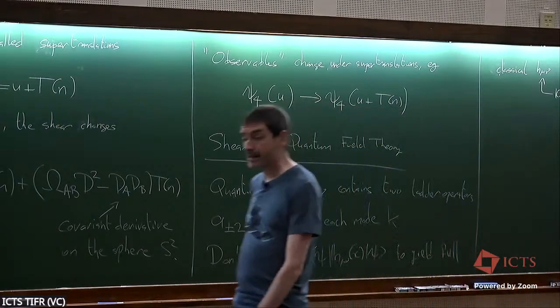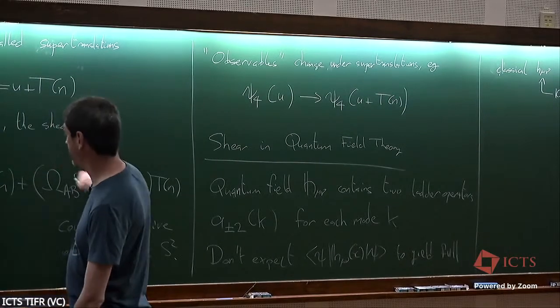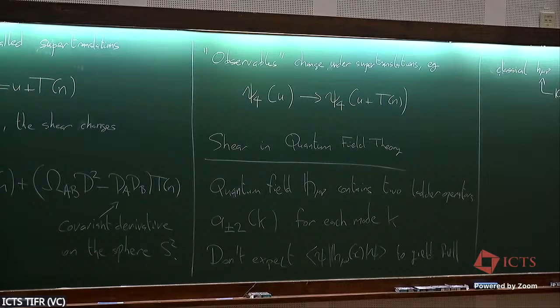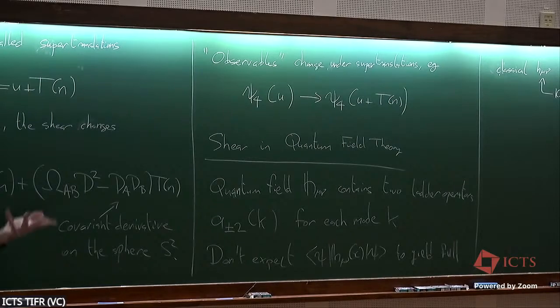In other words, the quantum field is set up to compute the transverse traceless modes. So the thing that we should be comparing to is not the full h mu nu, like I compared to here. I should really be comparing to the shear, the C_AB, associated with that h mu nu: the transverse traceless fluctuations, not the whole thing.